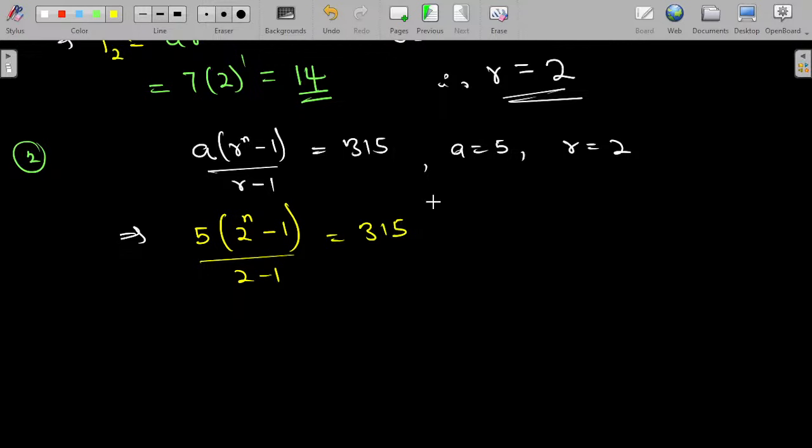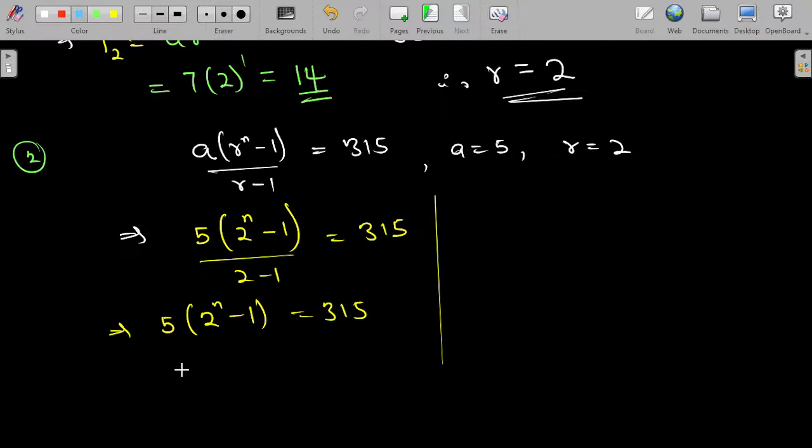Okay, so here we can quickly, if you subtract this, you get 1. So 1 will cross multiply, you will still get that 315. So you will have 5 into 2 raised to the power n minus 1 is equal to 315. So we divide both sides by 5 so we can clear this and allow our bracket to emerge.